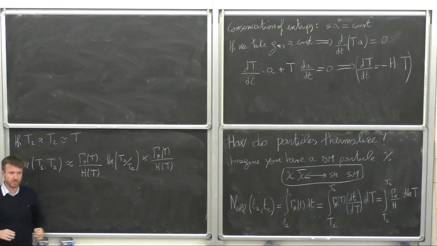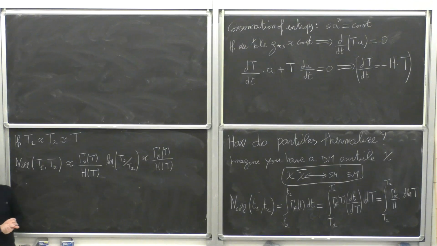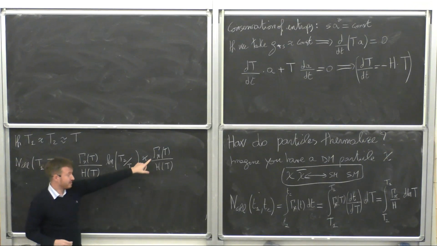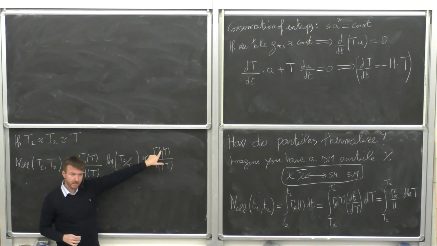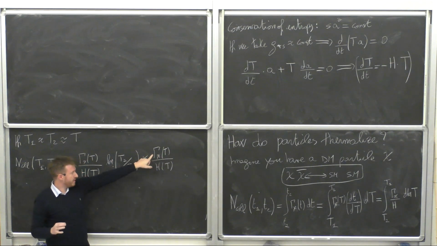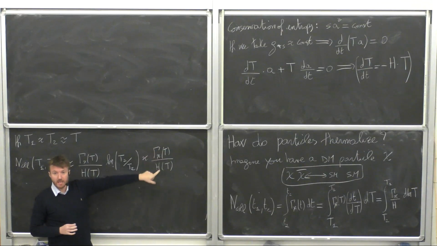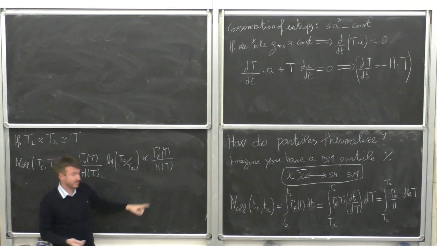Of course, this is an estimate. We will be more rigorous tomorrow with the Boltzmann equation. But this is just to tell you that this dimensionless ratio is a very important quantity for whatever we're doing until the end of these lectures. It's the ratio between the interaction rate and the expansion rate, okay?